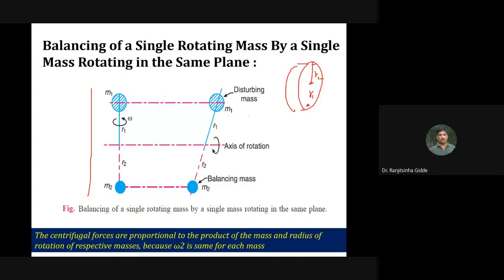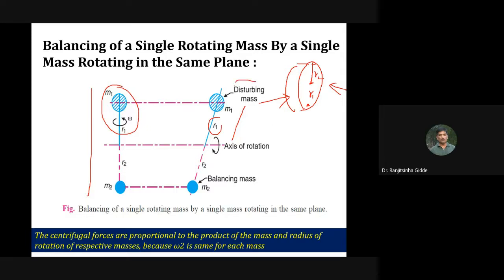So this one is the disturbing mass at radius R1. You can consider this as a side view and this as a front view, and this is the axis of rotation.